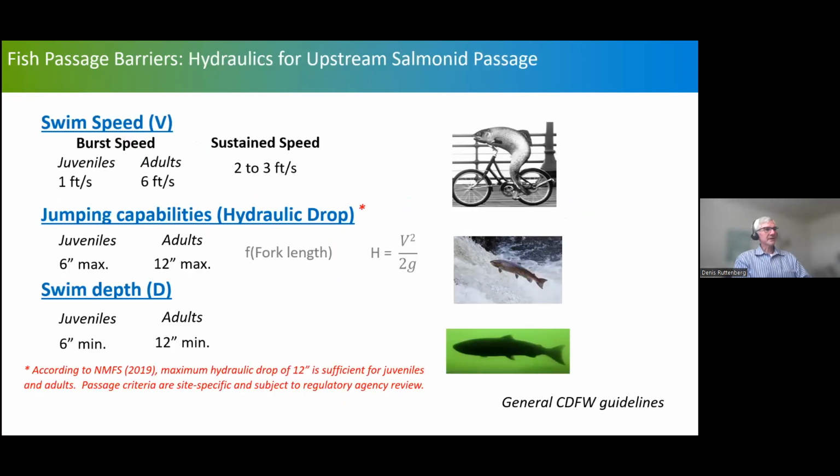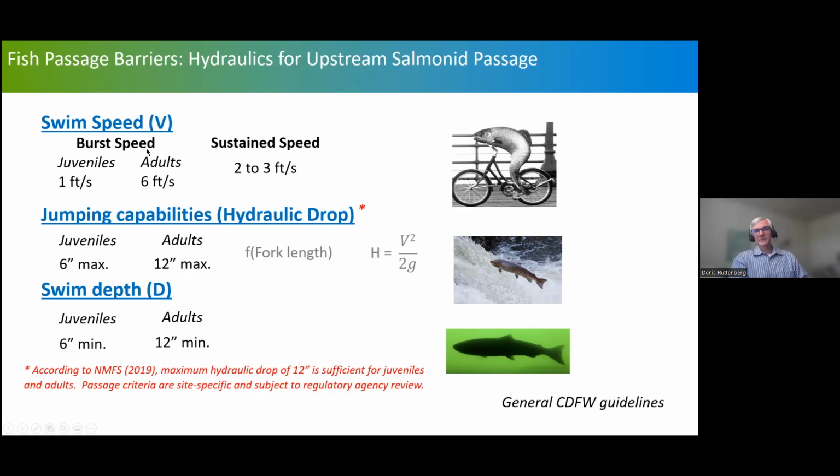The reason they get stuck is the barrier exceeds their performance. So on this slide, I show some commonly used hydraulics that help characterize whether or not a fish can go upstream. For salmonids, the primary things they look at are swim speed, how much the hydraulic drop is, and then the depth of the water.